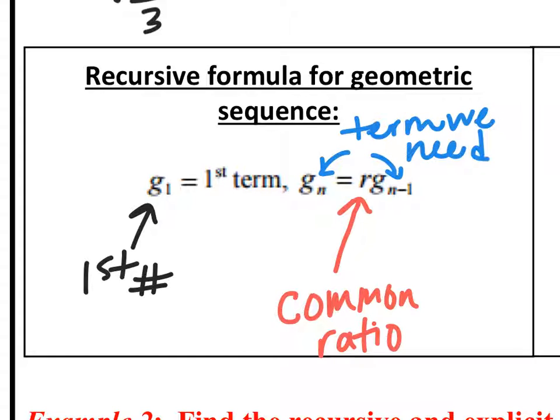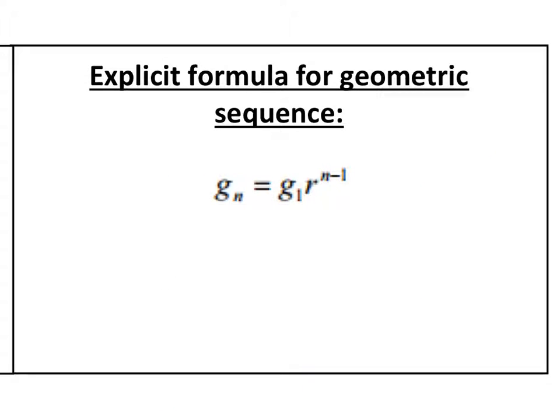The term we want to figure out. If I'm like, find the 50,000th term, that's what you put in for N. And G1 is the first number, or first term in your sequence.